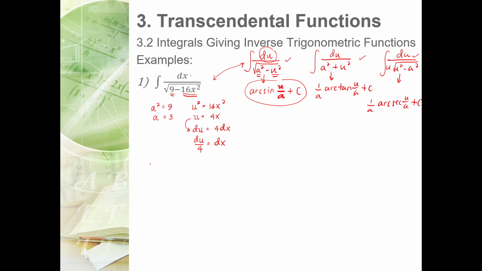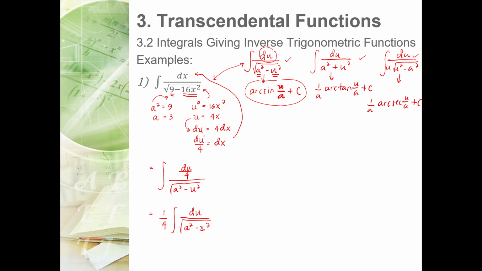Next, we replace this. Again, a squared, u squared, and this one is du over 4. By replacing, you have du over 4 over square root of a squared minus u squared. Factoring out the constant 1/4, you have du over square root of a squared minus u squared.